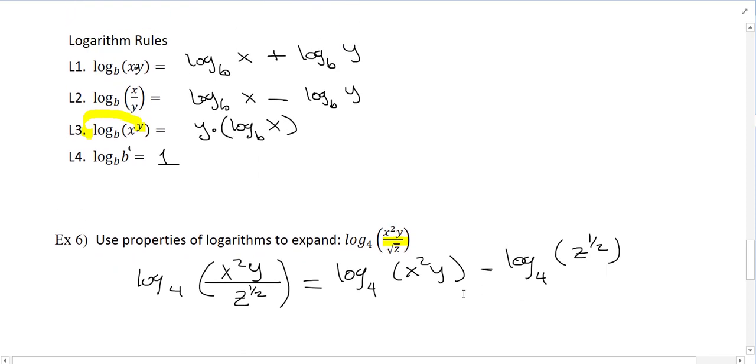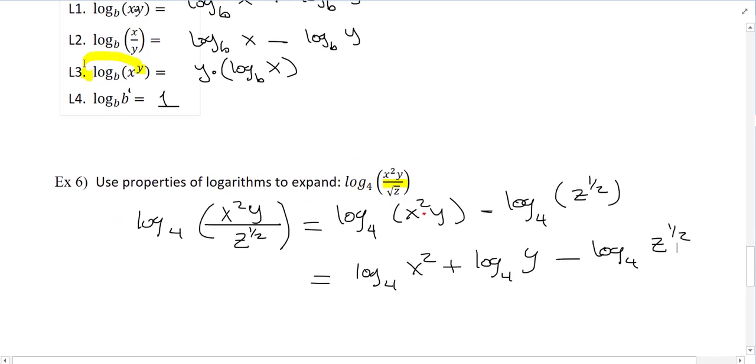And now I keep going. Notice on the inside of the first quantity, I have a multiplication, x squared times y. So I'm going to use L1. So this is going to become log base 4 of x squared plus log base 4 of y, and then minus log base 4 of z to the 1/2.